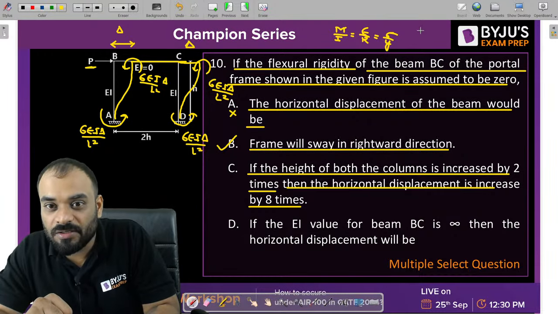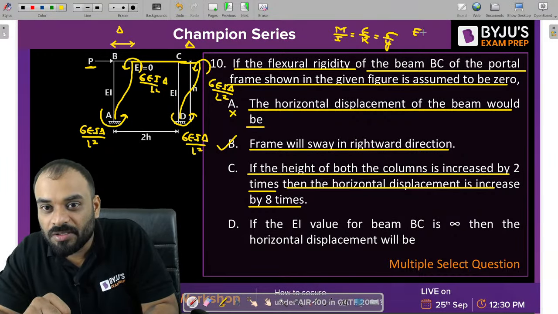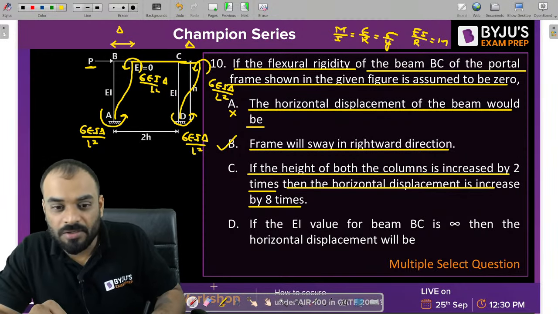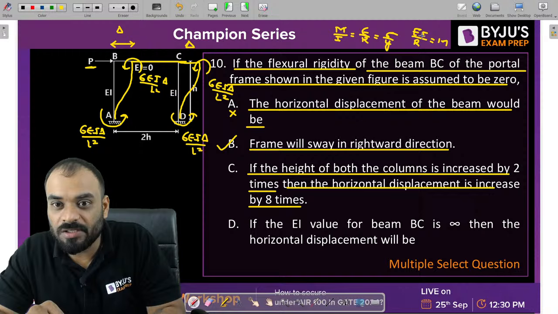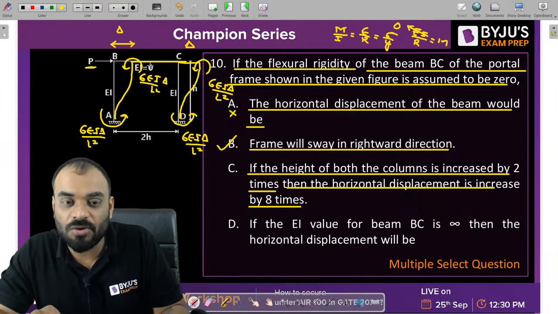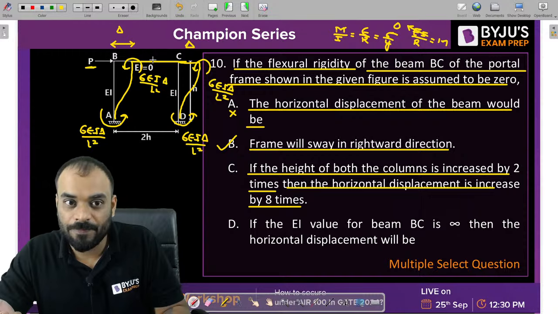Now guys, you can see here, if I write EI by R, EI by R is equal to what? M, right? So tell me guys, in this particular case, if value of EI is equal to 0, then this particular beam is not capable to take any kind of moment.